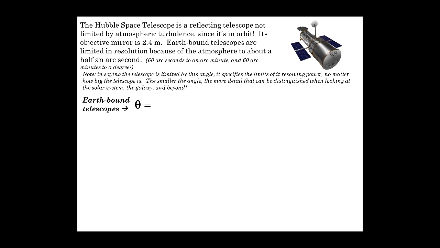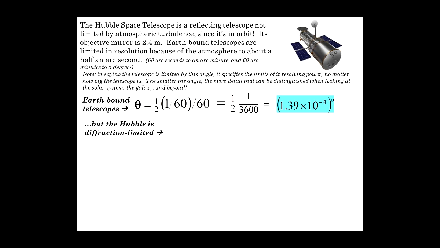All right. So for earthbound telescopes, theta, the angle, is a half of an arc second, so it's a half of a 60th of a minute, a 60th of a degree. You apply that twice, and you get a very, very small angle, 1.39 times 10 to the negative fourth degrees. But the Hubble Space Telescope is really an awesome piece of technology, and it is diffraction limited.